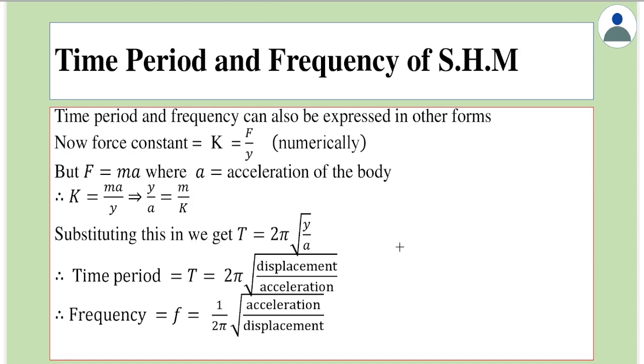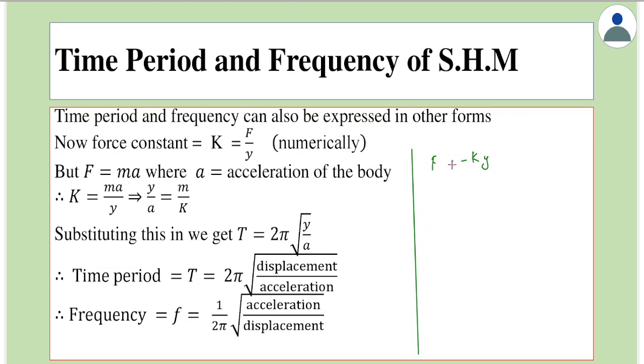Now here we can write this time period in another form also. To understand this, recall that F is equal to k into y mathematically. In the previous expression, we wrote it as minus k into y.